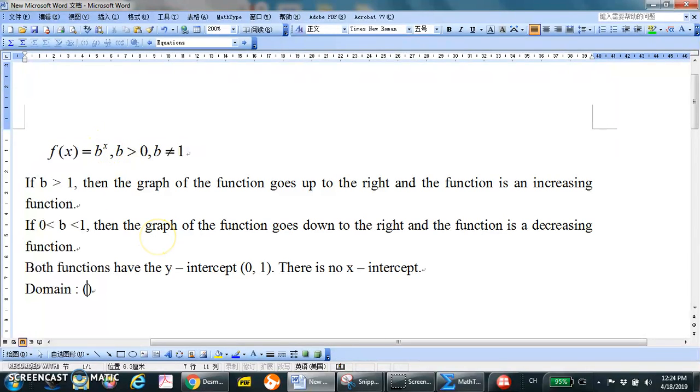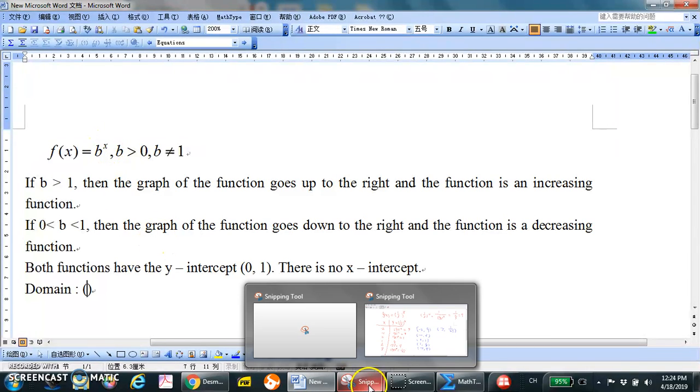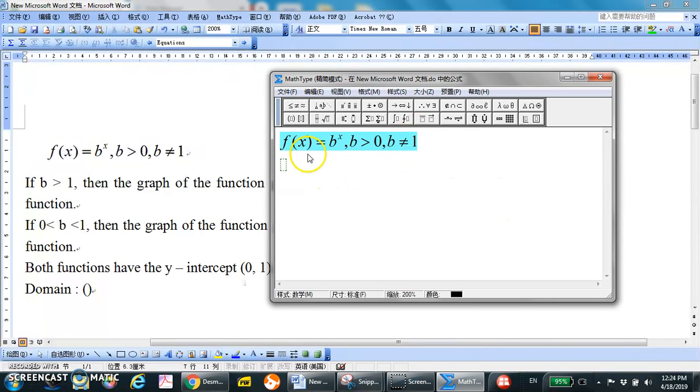So the domain is from negative infinity to positive infinity.